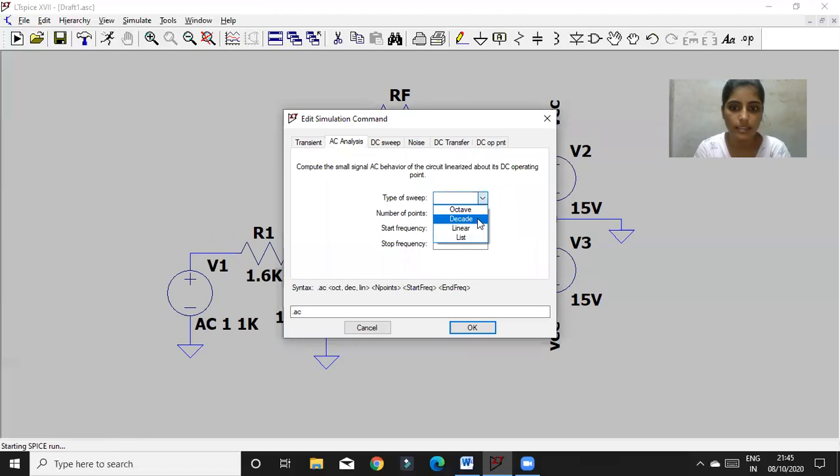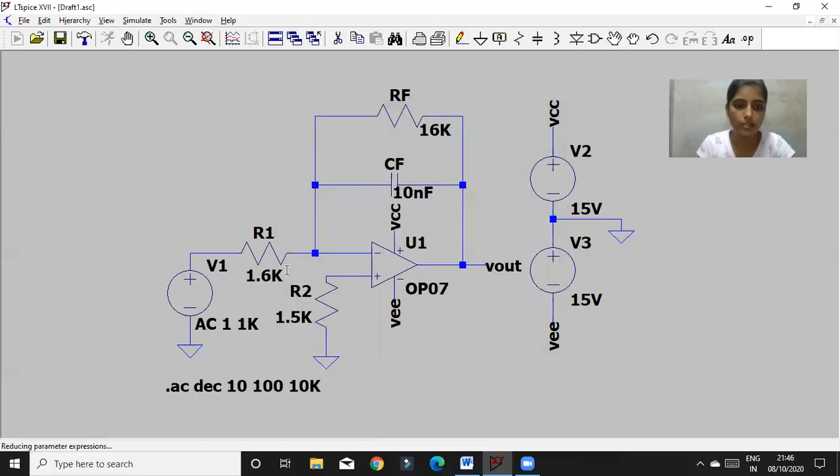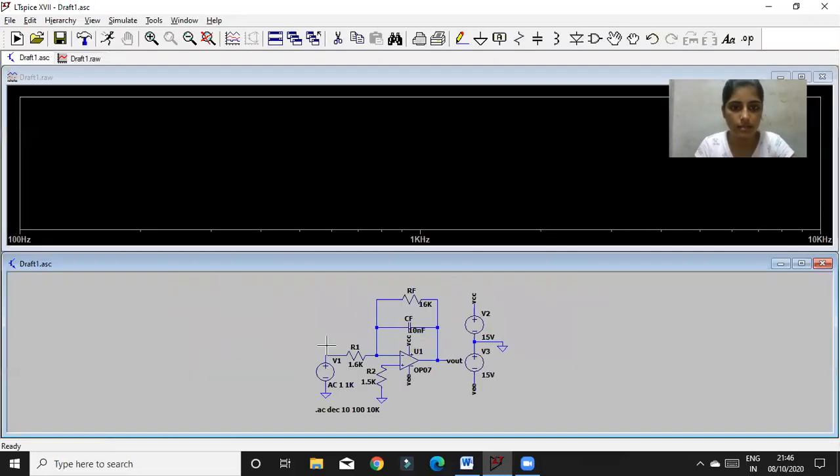I am selecting decade, and let's say the number of points per decade is 10. Then the start frequency is 100 hertz and the stop frequency, let's say, 10K. So let's see the frequency response.